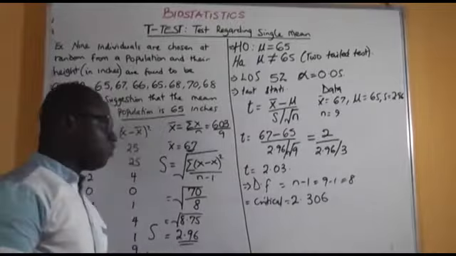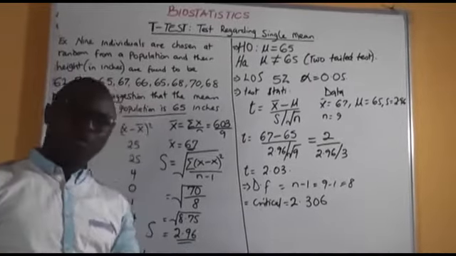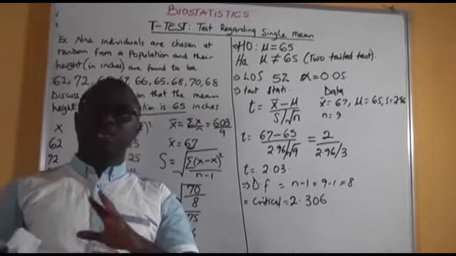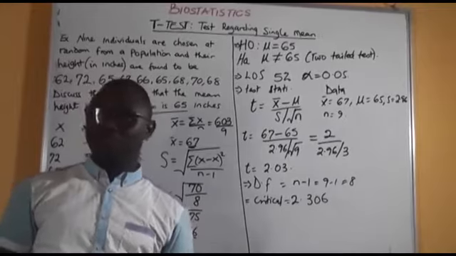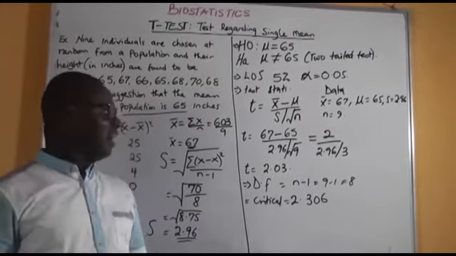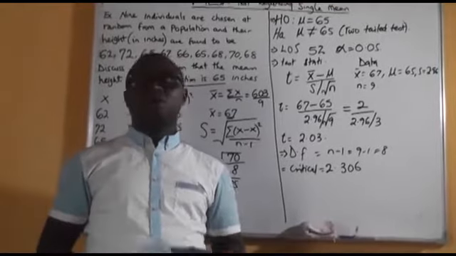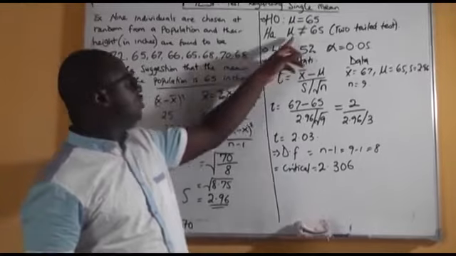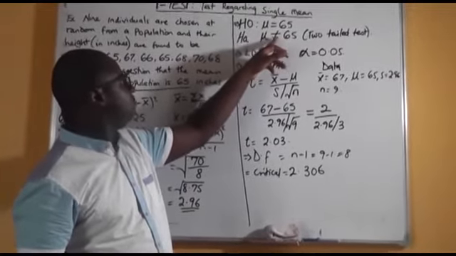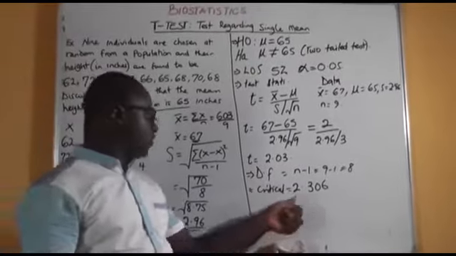That is your critical value using your t-test. Remember, when you are checking your t-test, you check the one that is two-tailed. Remember we have single tail, a left tail, a right tail, and then we have two tails. Since our null hypothesis is telling us that the population mean is 65, you check for two tails, and that will give you this value.